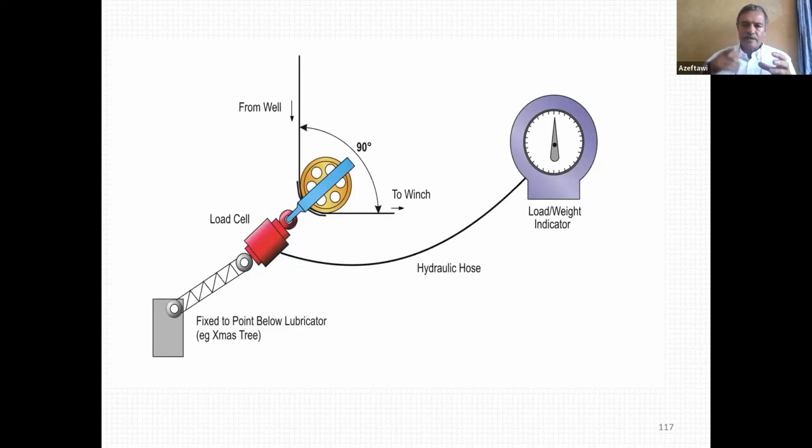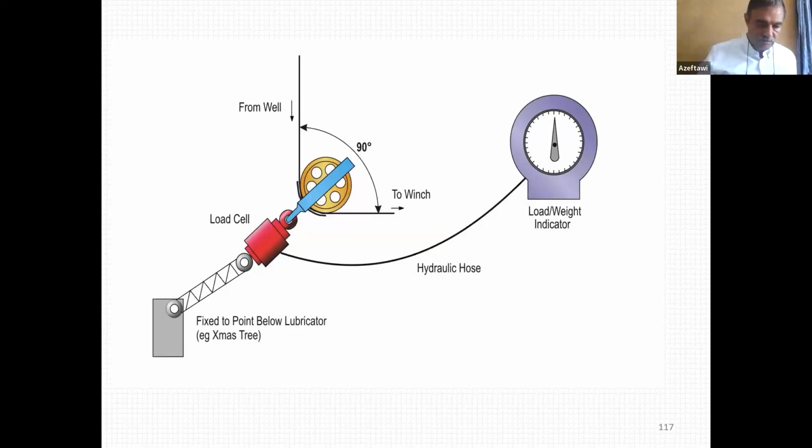The relation between the angle and the weight is, if the angle is 90, you are getting the exact weight. If the angle is more than 90, your weight will be less than actual. And if the angle is less than 90, then the weight reading you got is more than actual.